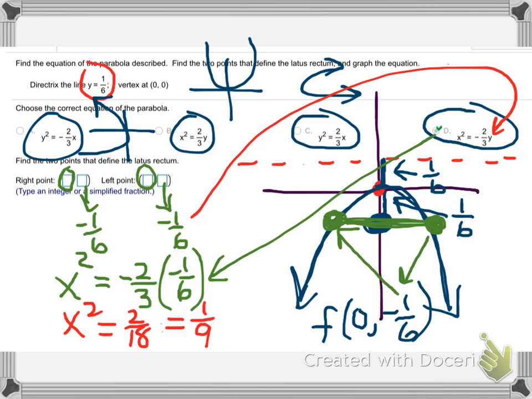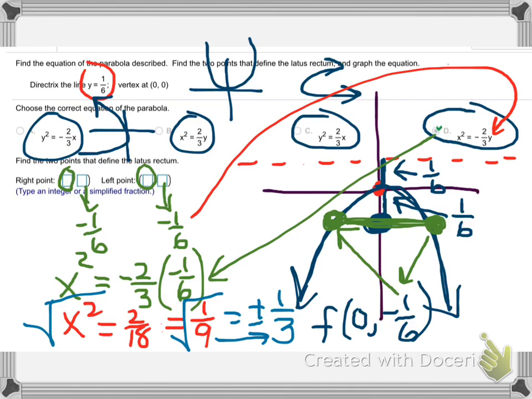So I'm going to take the square root of both sides to cancel, and that gives us plus or minus 1/3. So square root of 1 is 1, square root of 9 becomes 3.